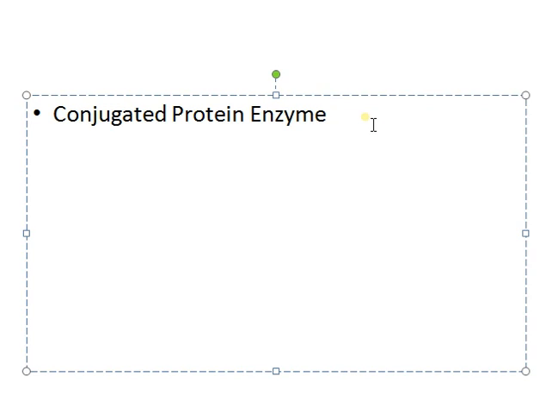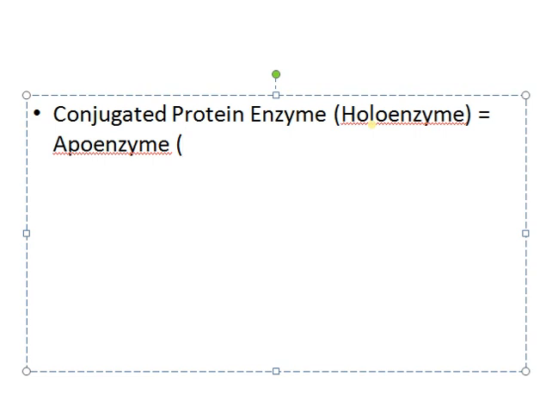So a conjugated protein enzyme, which is also known as the holoenzyme, is made up of an apoenzyme. So what is the apoenzyme? The apoenzyme is the protein part, or portion, of it.